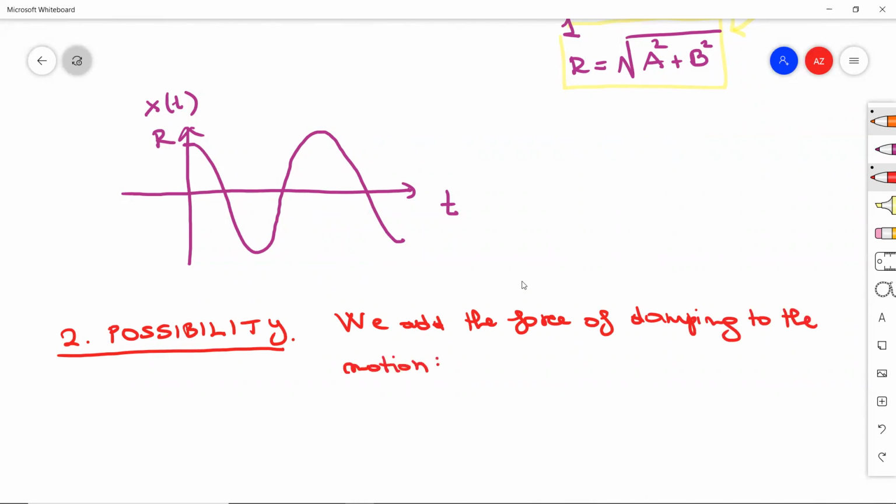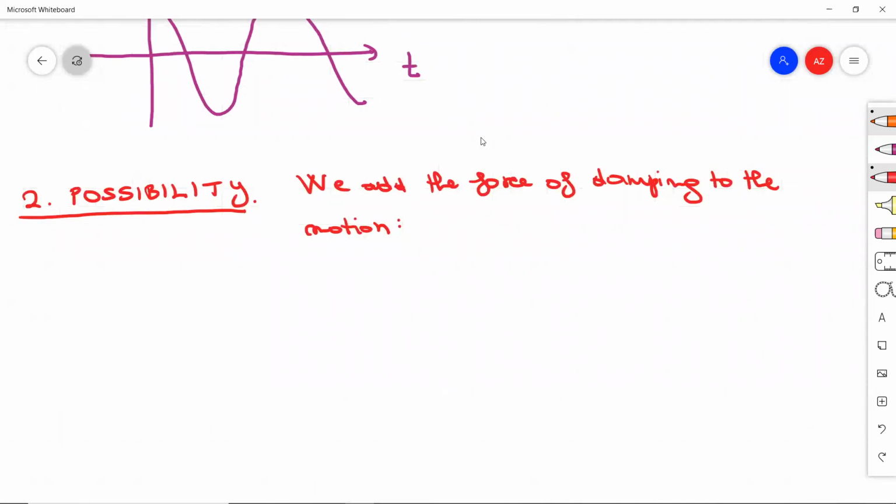And this damping refers to air resistance or spring friction or other dampers.